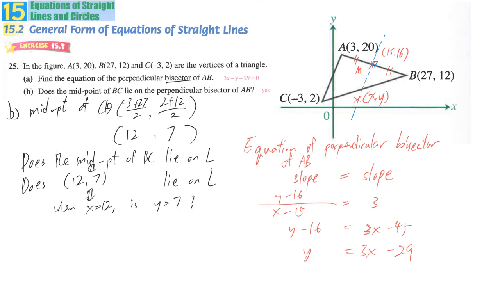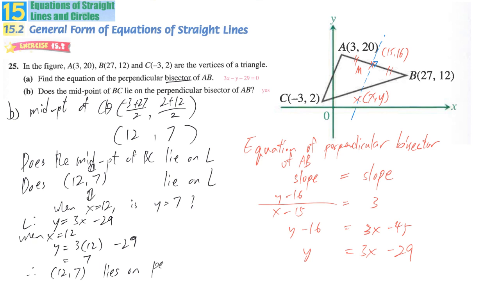That's why we consider for L, y equals 3x minus 29. When x is equal to 12, y is equal to 3 times 12 minus 29, 36 minus 29, we get 7. So our response is yes. Therefore, (12, 7) lies on the perpendicular bisector of AB.